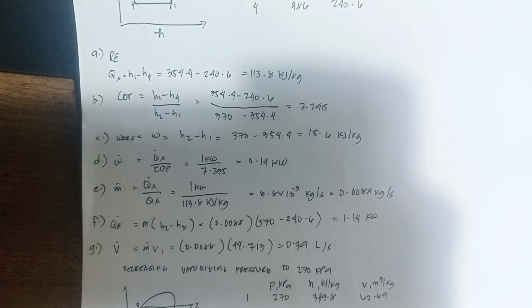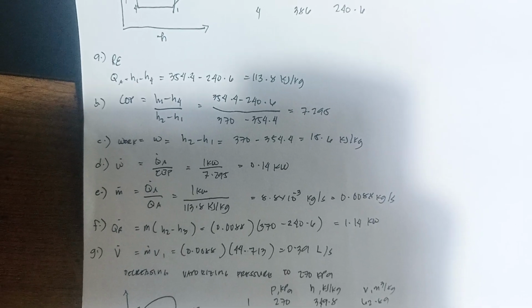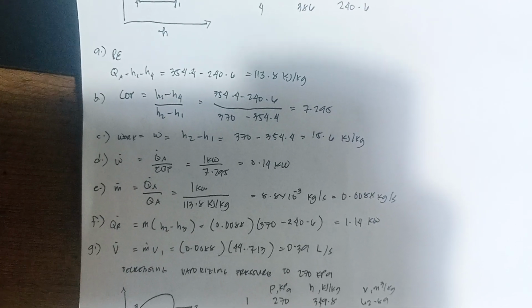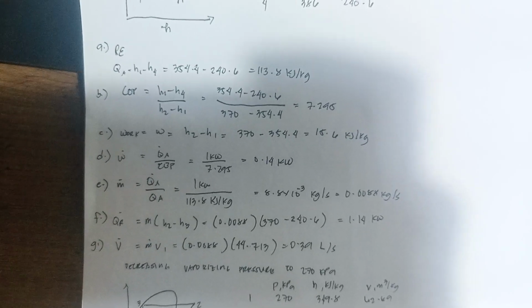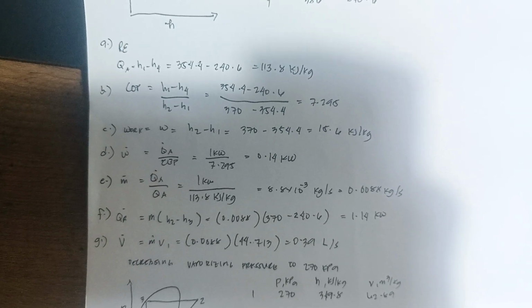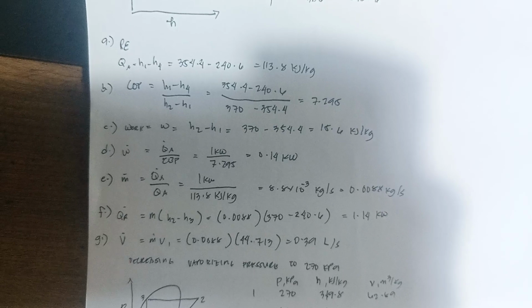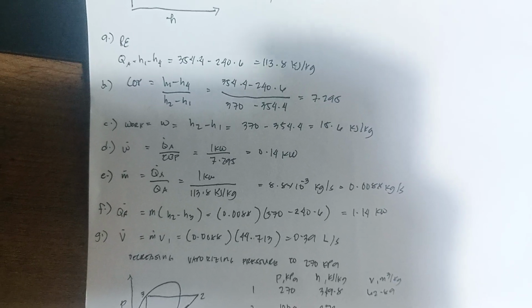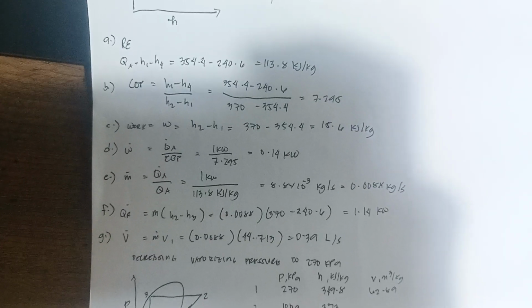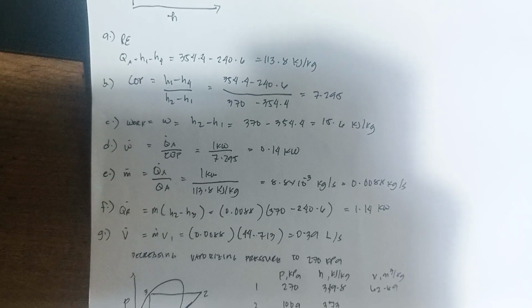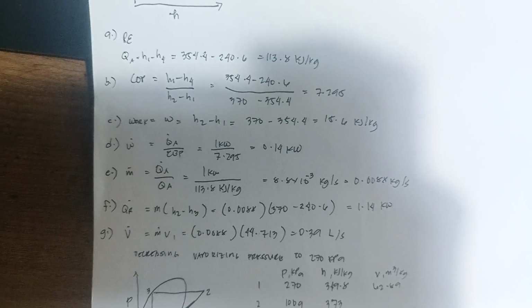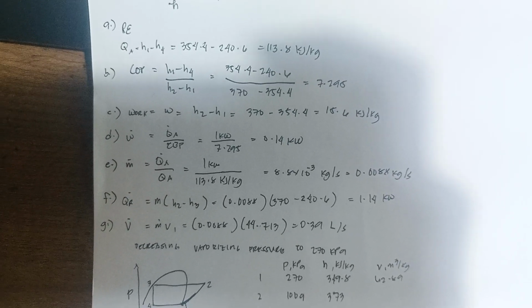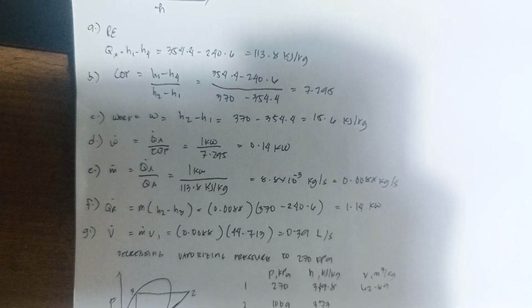For letter D, we have the power. So we are going to divide the QA over COP. So 1 kilowatt over 7.295 is equal to 0.14 kilowatts. For letter E, we're going to find the mass flow rate.